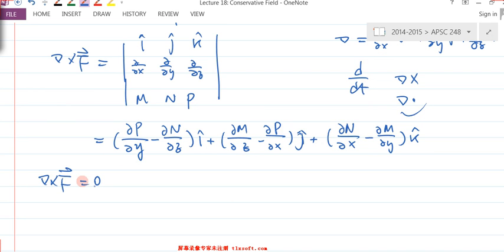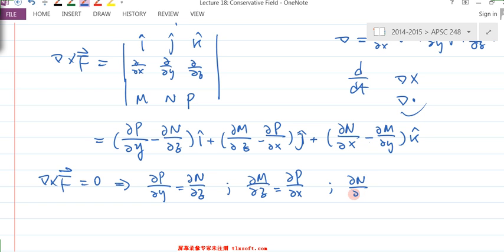It basically means the 3 components here are 0. So that essentially gives you 3 expressions. One is partial p over this equal to this, and the other is this.